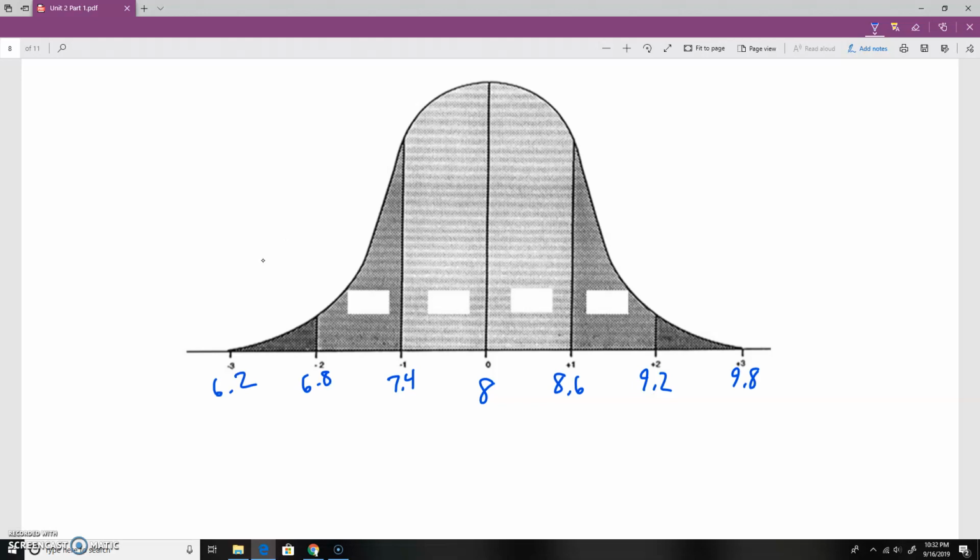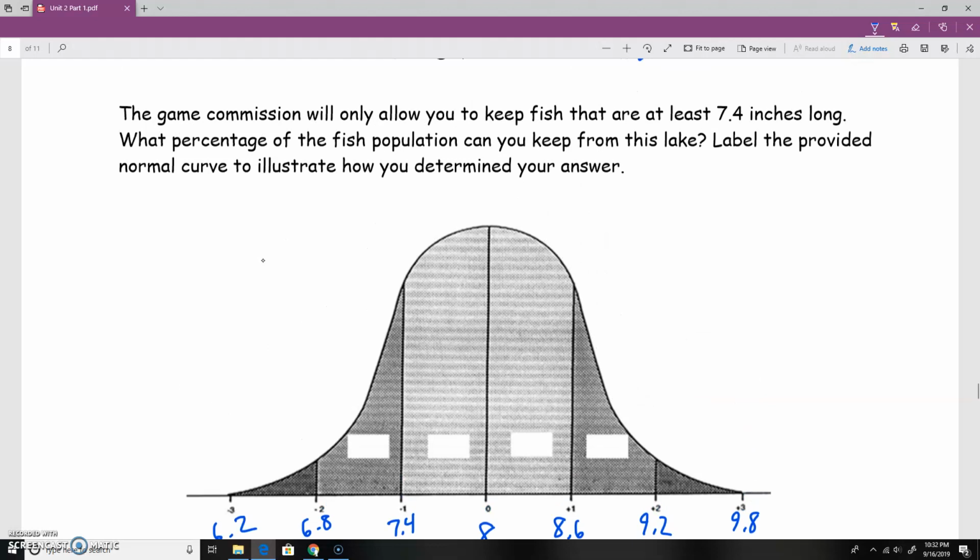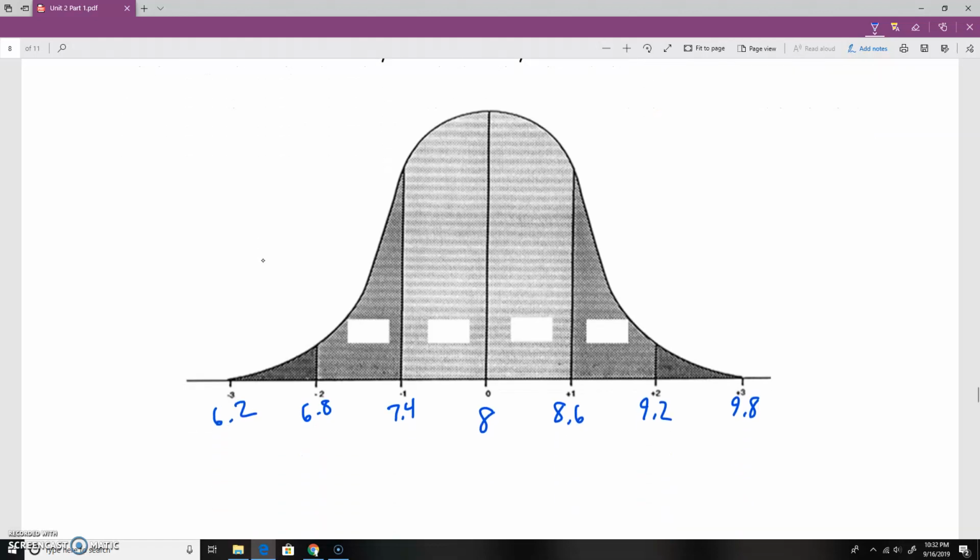Now, what my situation up here is telling me is that we can only keep the fish if they are at least 7.4 inches long. So it's asking what percentage can we keep? Well, let's look where 7.4 inches is.